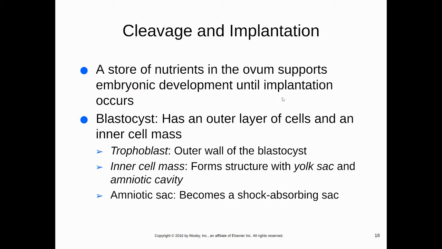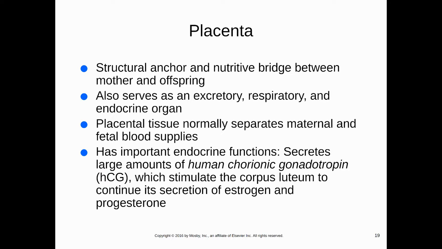Okay. So once that happens, that amniotic sac is where we start to build our baby, which also gets a placenta. Okay. So this is going to be a structural anchor and nutritive bridge between mother and offspring. So anytime we're talking about anything the mother needs to give to the offspring, it has to go through the placenta.